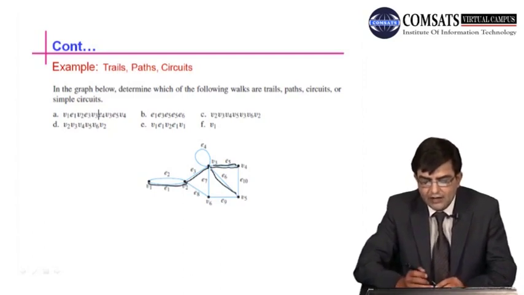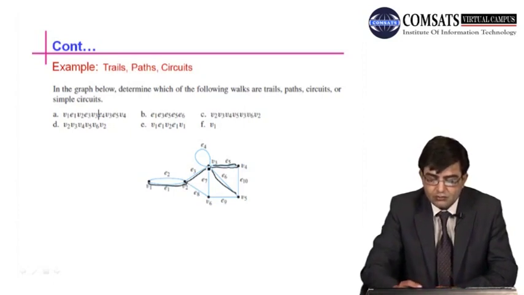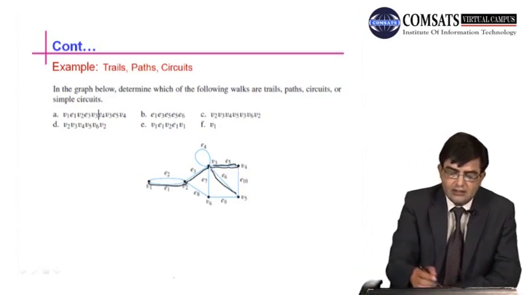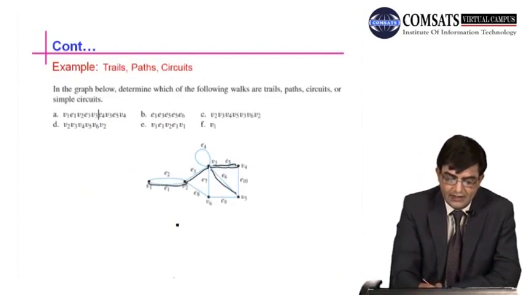So in this walk we have a repeated edge, and there must also be repeated vertices. E3 will be repeated, because V2 E3 V3 and V3 E5 V4, and then V4 E5 V3, and then V3 E6 V5.